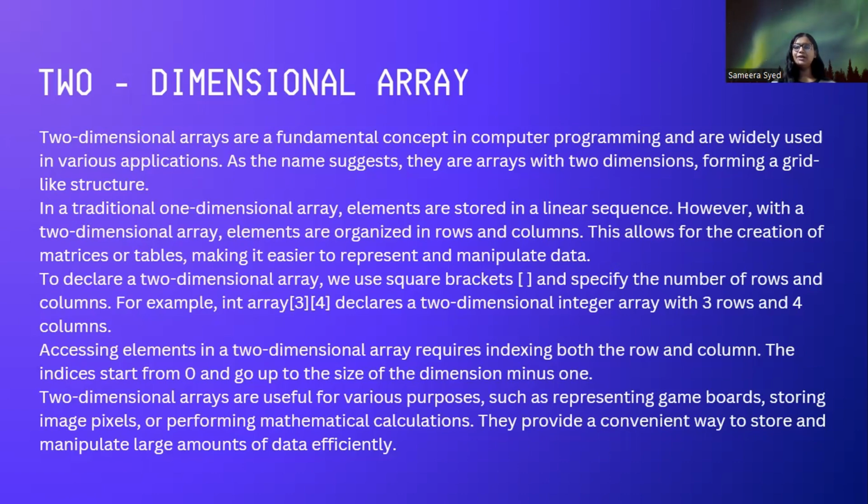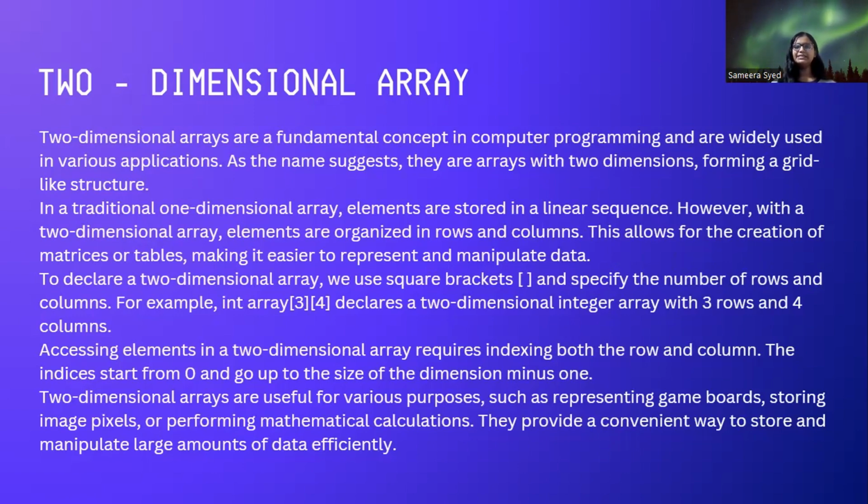To declare a two-dimensional array, we use square brackets and specify the number of rows and columns. For example, int array[3][4], with the number of rows as 3 and the number of columns as 4 within square brackets, declares a two-dimensional integer array with 3 rows and 4 columns. Accessing elements in two-dimensional arrays requires indexing both the row and column.